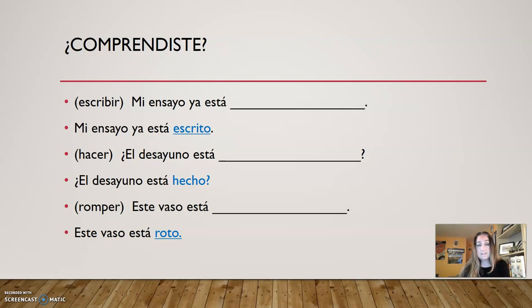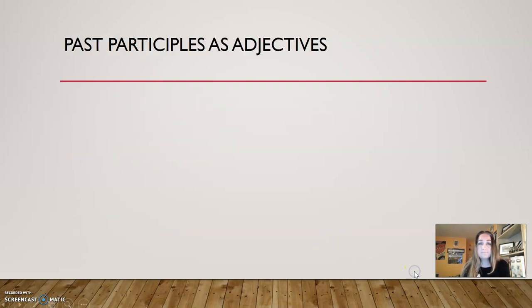Este vaso está roto. What do you think it means? This glass is broken. So, we were just taking a look at what those sentences mean, thinking about how we are using the past participles as adjectives.